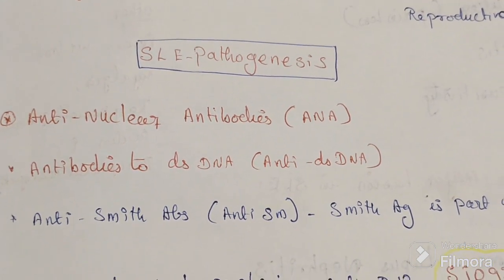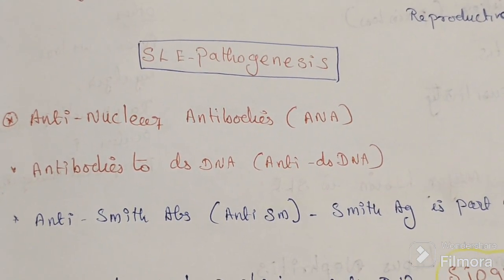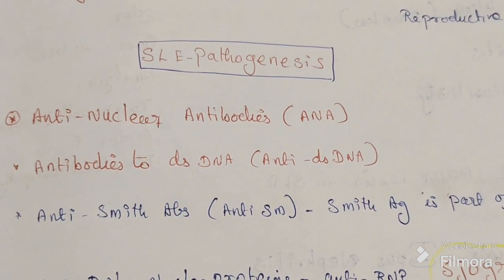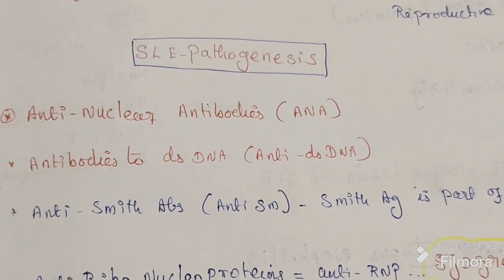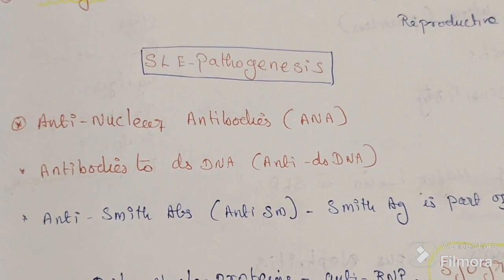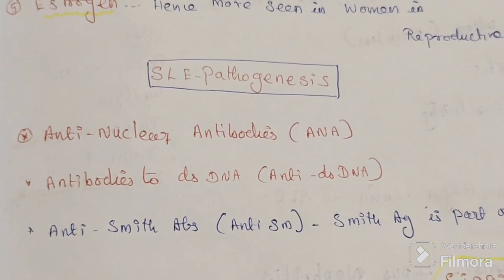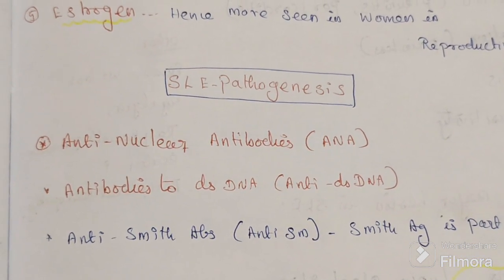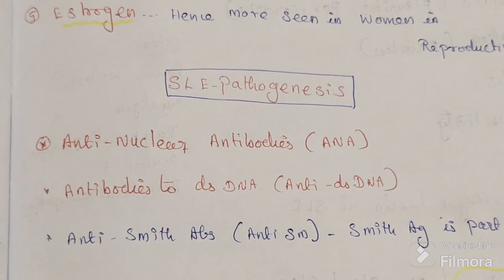Pathogenesis: interaction between susceptibility genes and environmental factors leads to a lot of immune response, and it forms various antibodies. It forms antibodies against the nucleus and against the cytoplasm. DNA also makes antibodies.